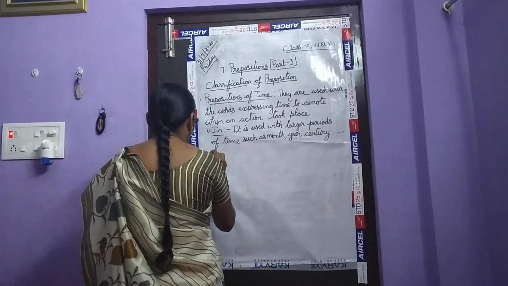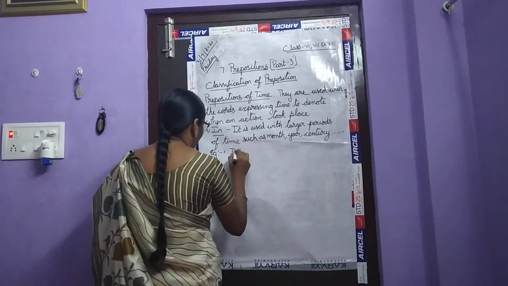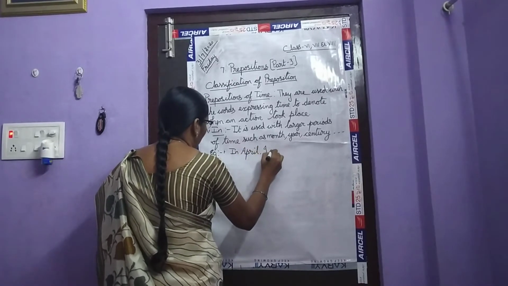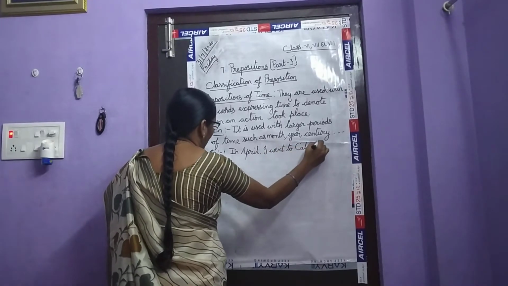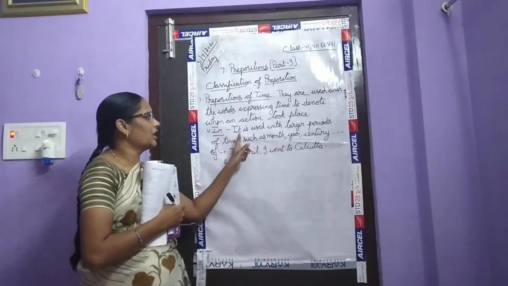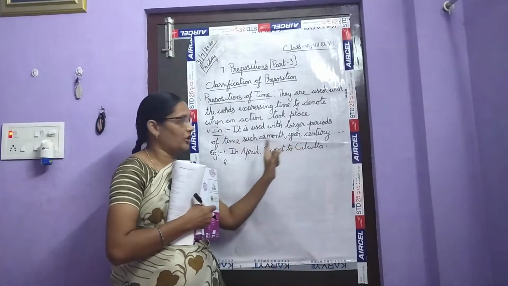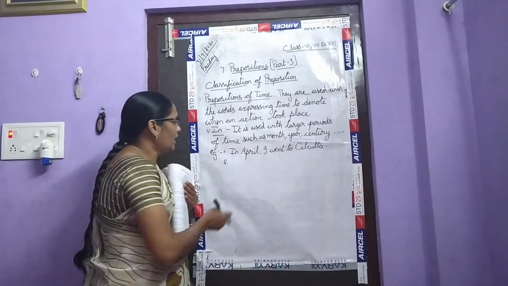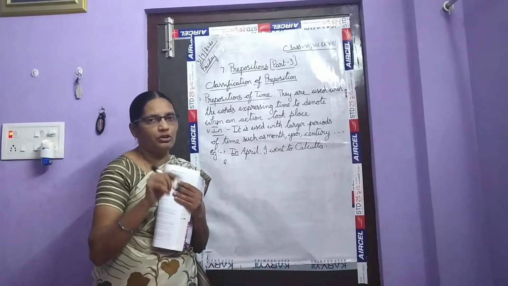For example, in April, I went to Calcutta. When did I go to Calcutta, children? In April. In which month have I been to Calcutta? In the month of April.